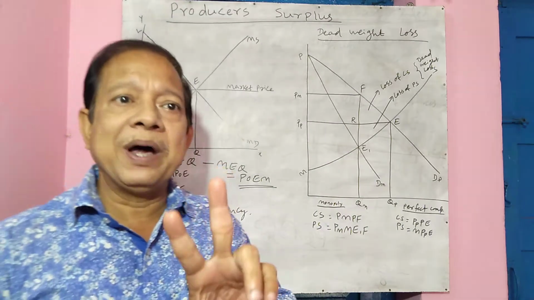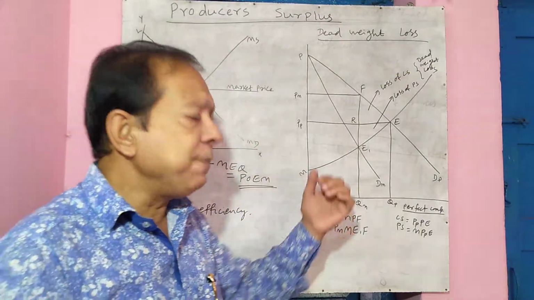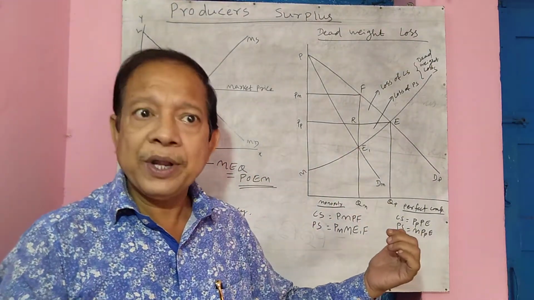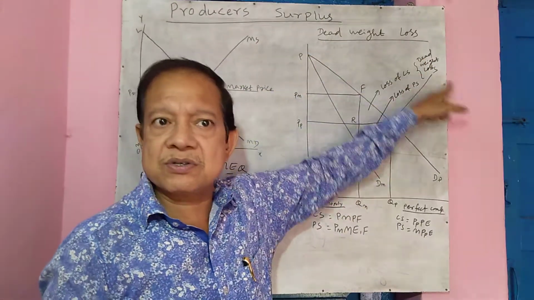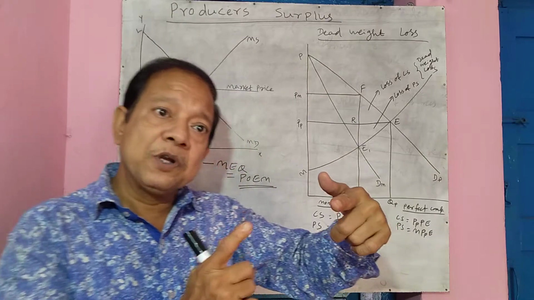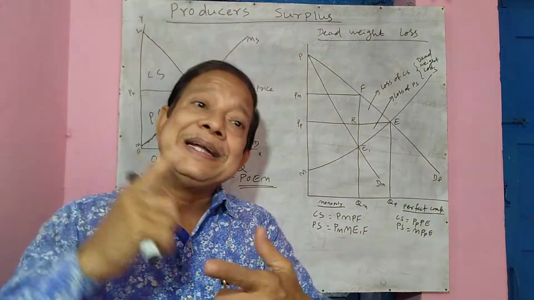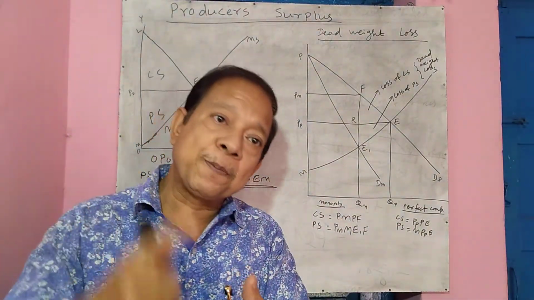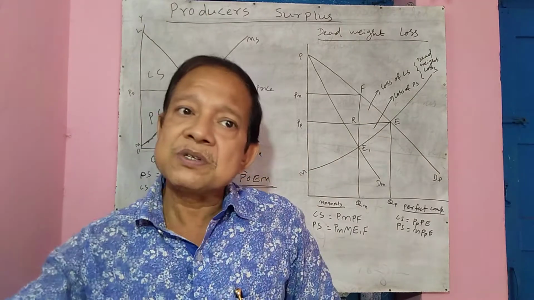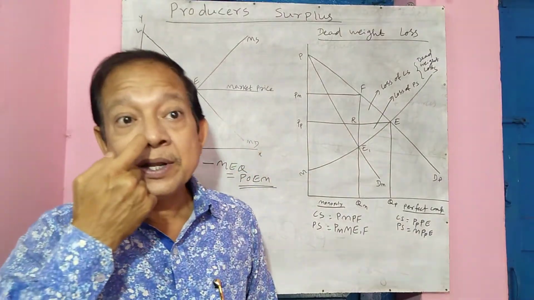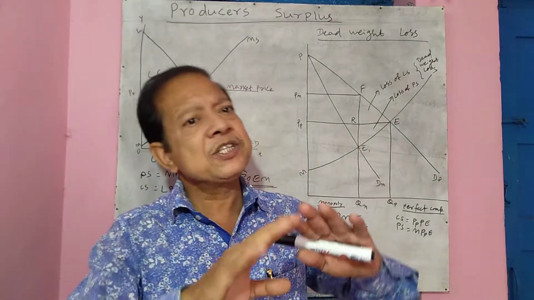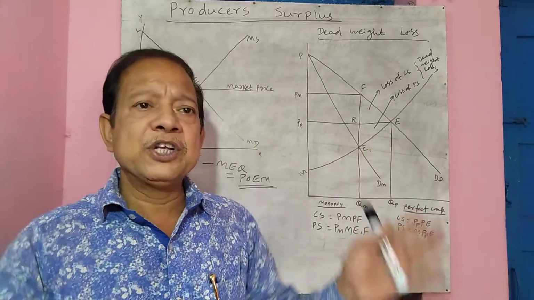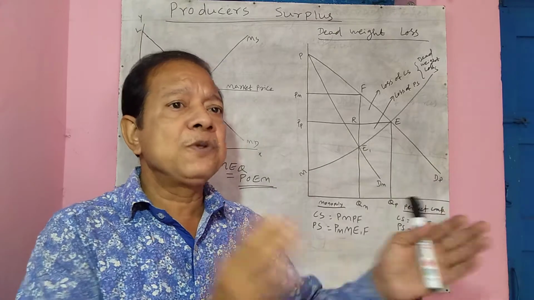I have taken two markets together, monopoly and perfect competition. So you see, this is called dead weight loss. Dead weight loss means it is a loss of surplus both to the consumers and to the producers. In which market? Under monopoly. Under perfect competition the perfect ratio is maintained between producer surplus and consumer surplus.